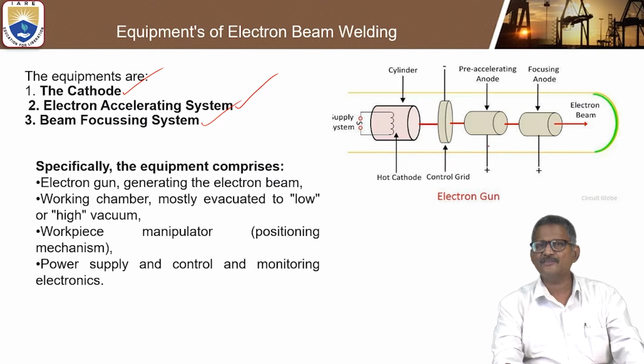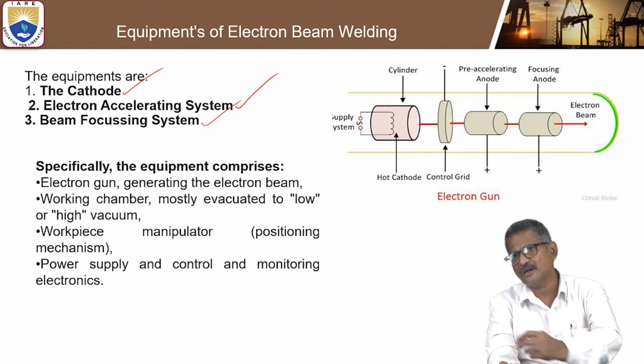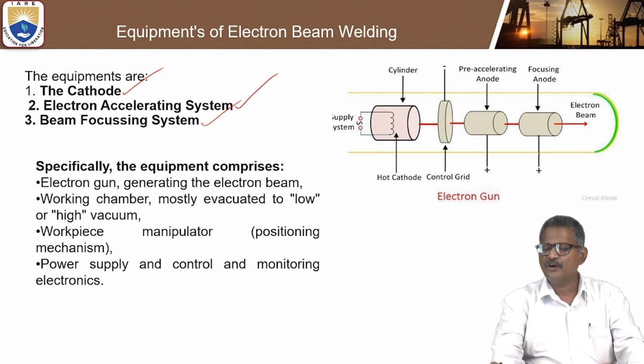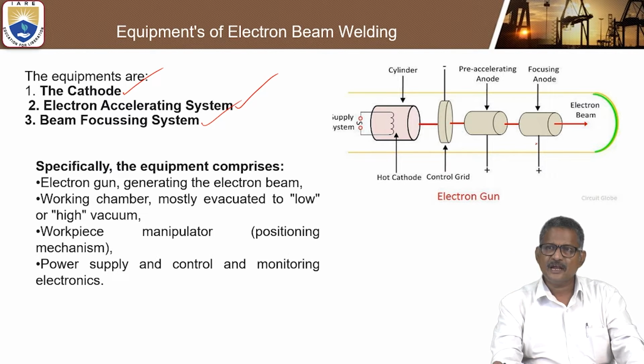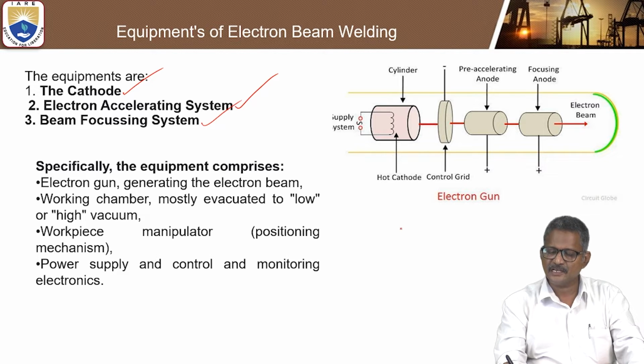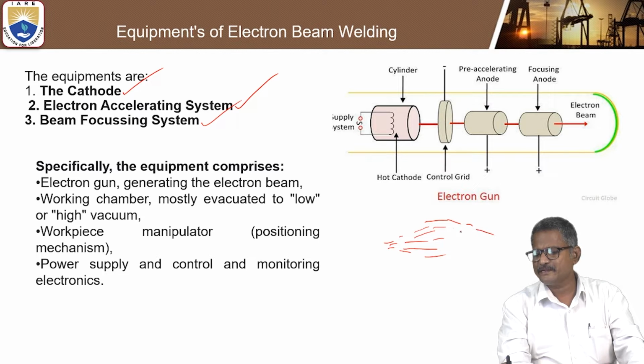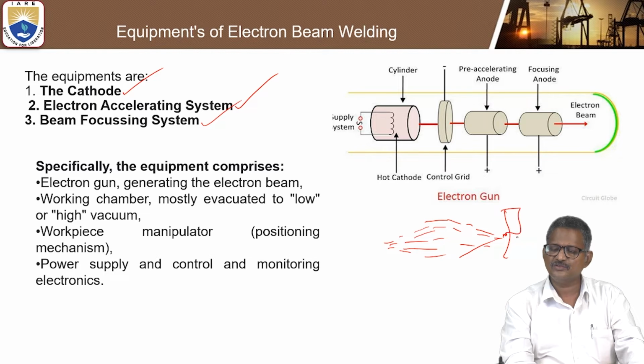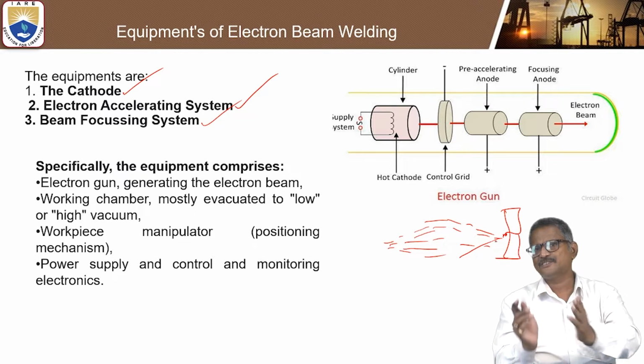The electrons pass through the anode, and there is a focusing anode, and finally the electron beam. Initially the electrons move at very high velocity, and the beam can be tilted to one single focus, where the two pieces can be joined together.